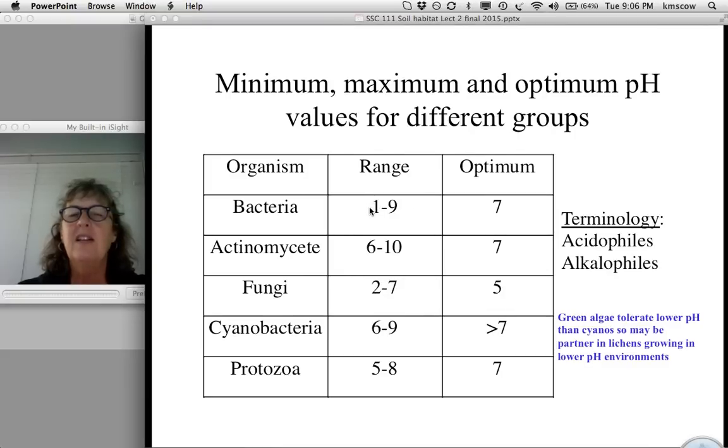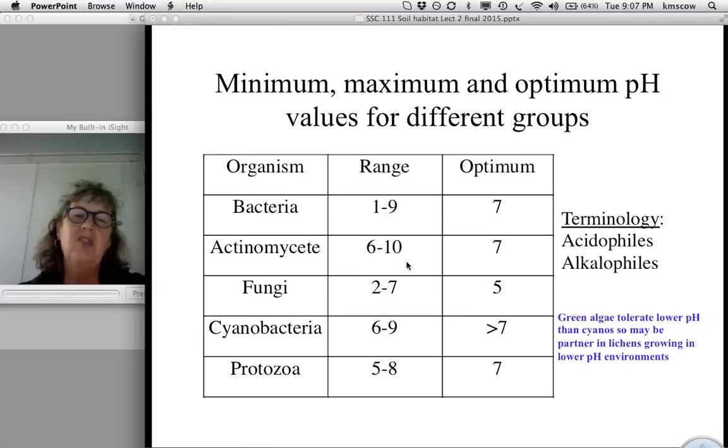But actually some of the most acid-tolerant organisms are not fungi, which you might think is true because fungi do a good job at low pH. They're actually bacteria that you see in acid mine drainage, where you can see bacteria at pH 0. I mean, at these seemingly impossible conditions, and they might be archaea as well.